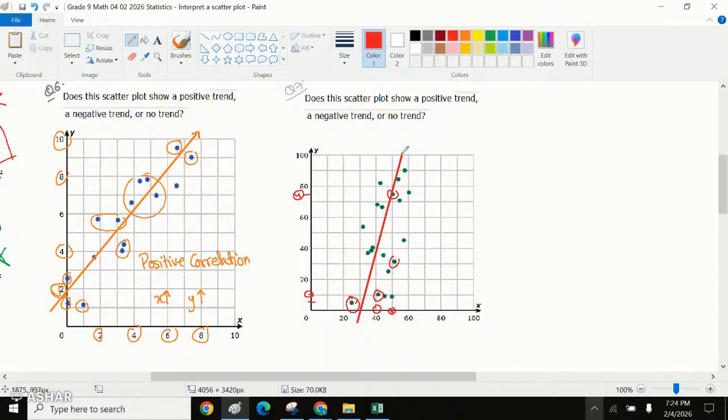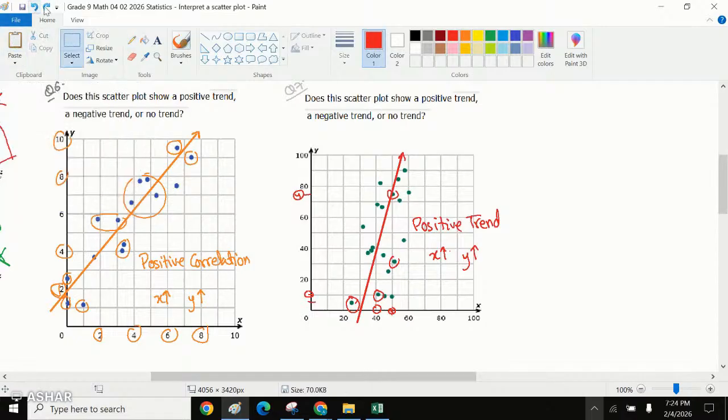We say that there is a positive trend or correlation. That means when x is increasing, y is also increasing. When both variables are increasing, we have a positive trend.